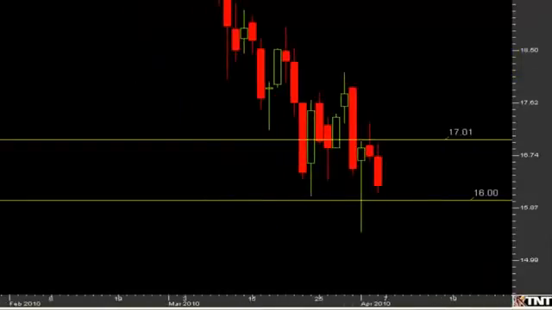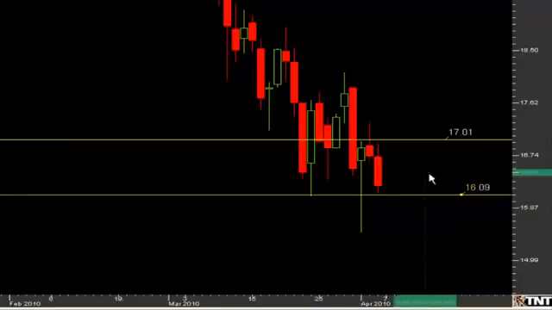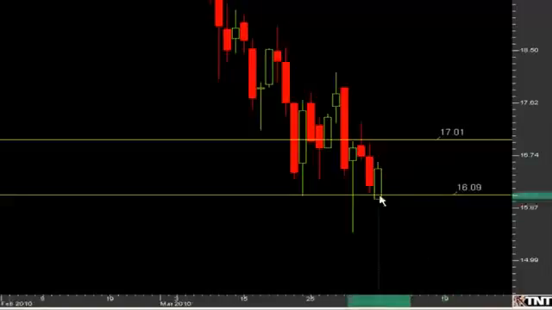If I back this chart up a couple of days, let's say that you wanted to sell below this low. The low is 1612. Let's say you're going to sell 1609. You think the market is heading lower. You want to sell this bar. The very next day, the market actually opens below our intended entry.